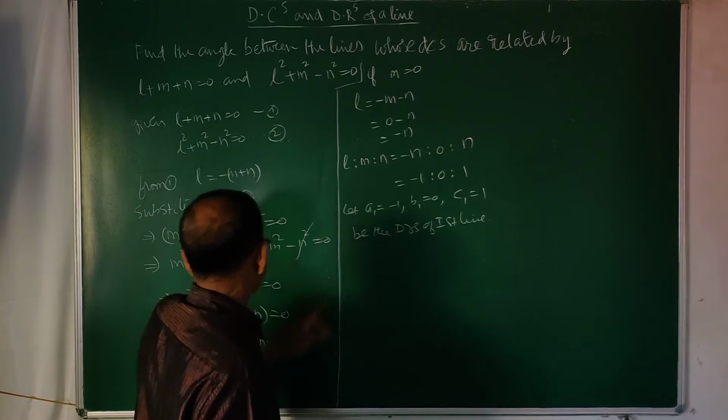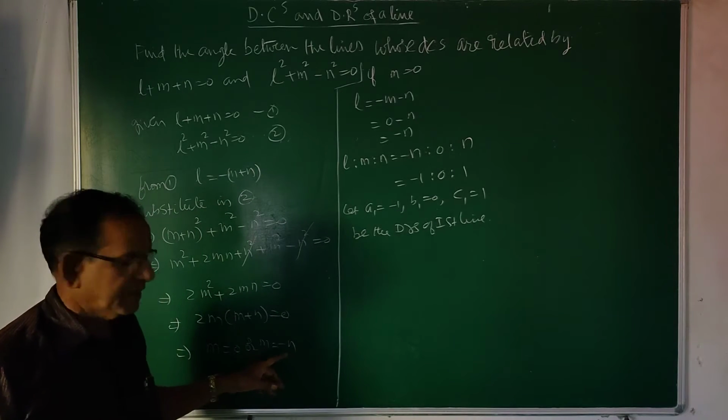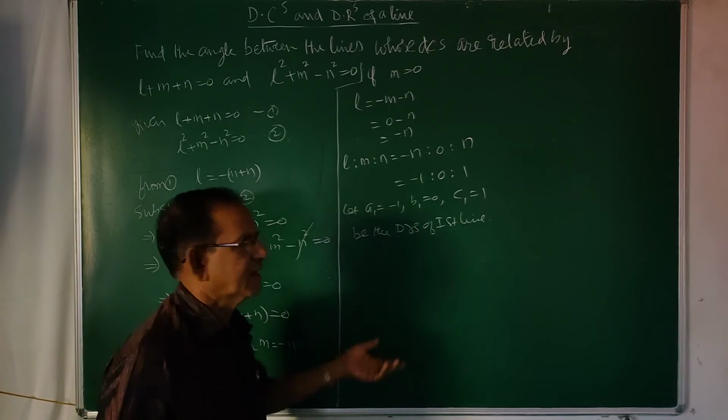Now if you consider the second case, that is when m is equal to minus n, you will get the DRs of the second line.